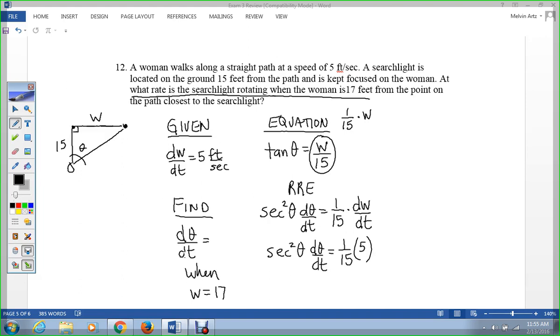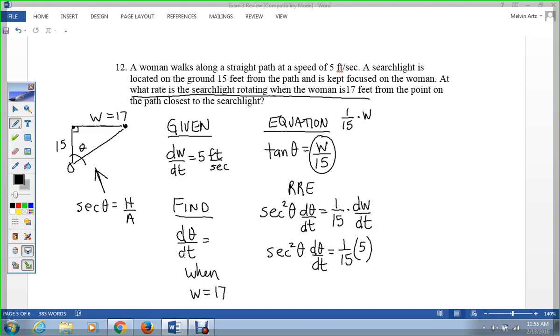Now how are we going to find the secant of theta? Well, we go back to our triangle, and we know that the secant of an angle equals the hypotenuse over the adjacent side. Well, we don't have the hypotenuse, but we can find it, because at this instant, when w equals 17, we would be able to find the hypotenuse.